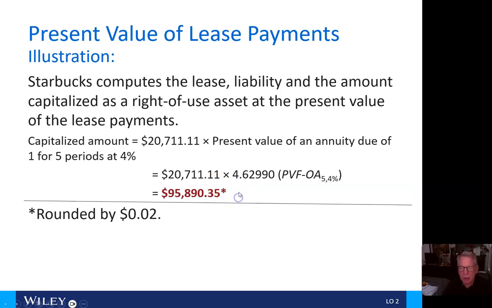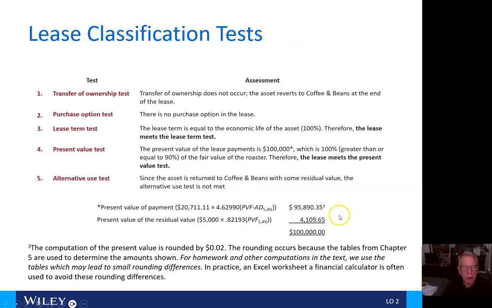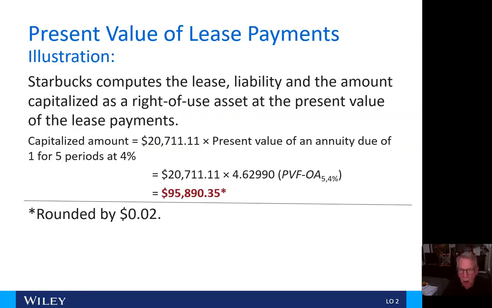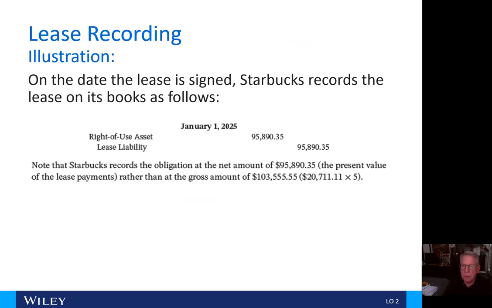And that's how we got, in the previous slide, $95,890.35.